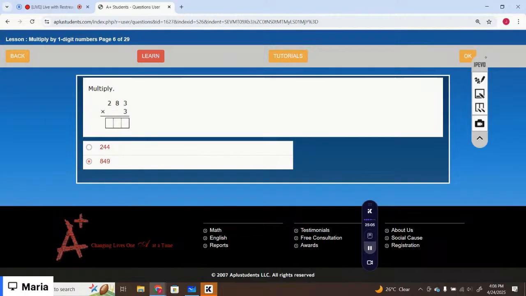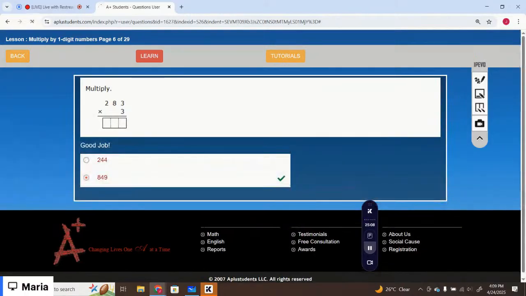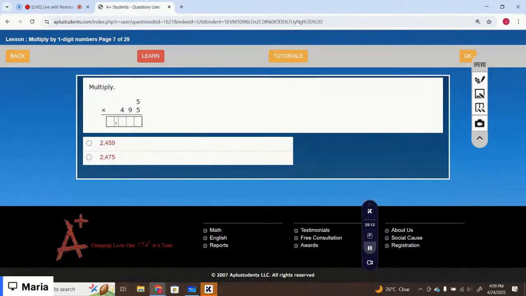Option number 2 is the correct option. 495 times 5, which is the correct option? Option number 2 is the correct option, that is 2,475.